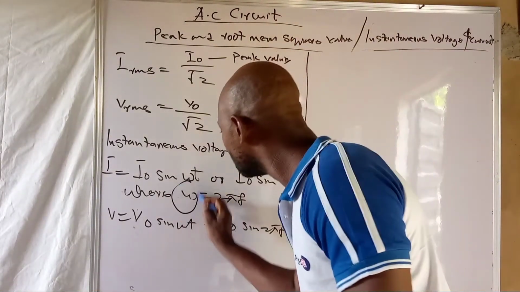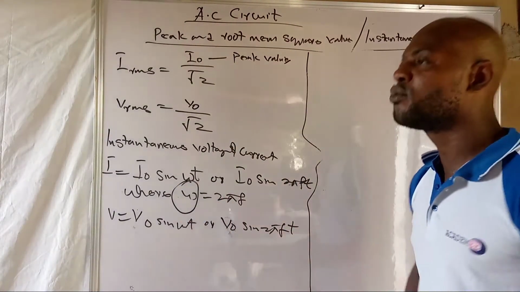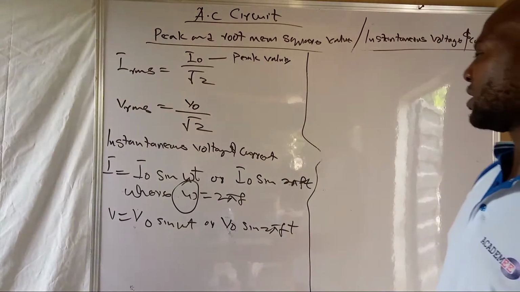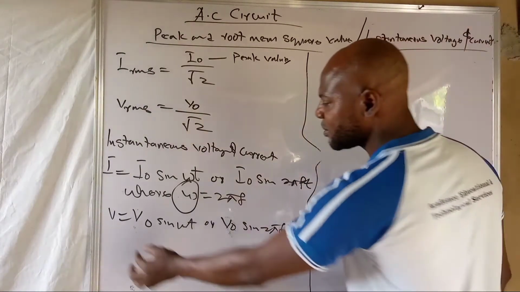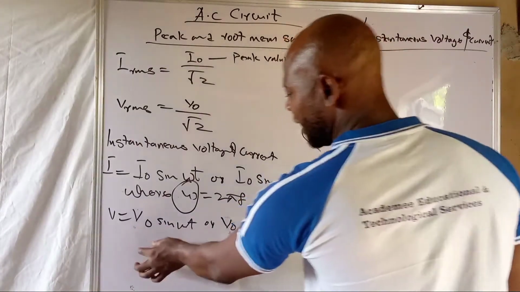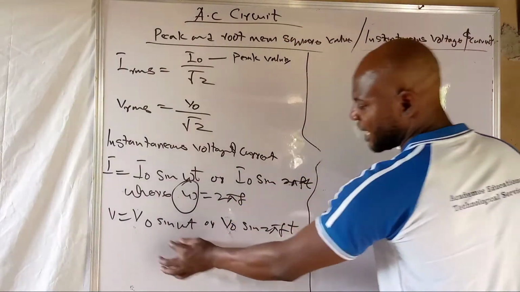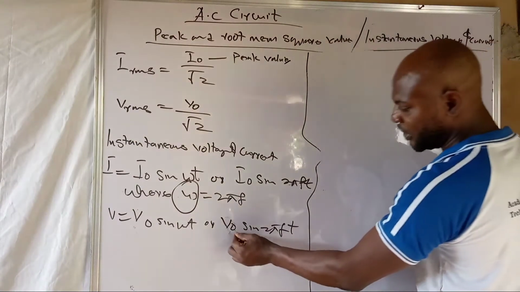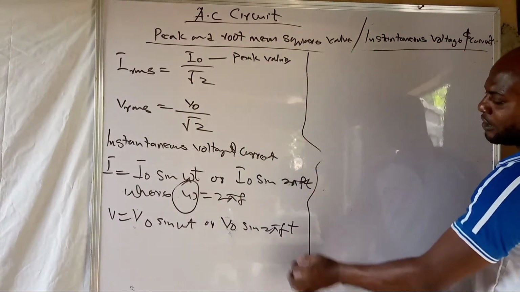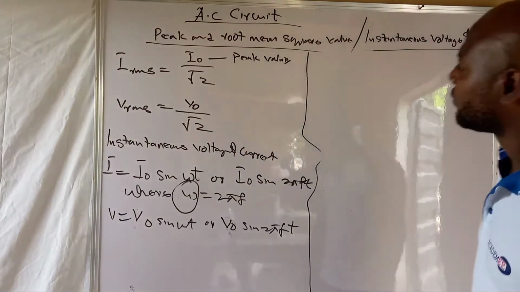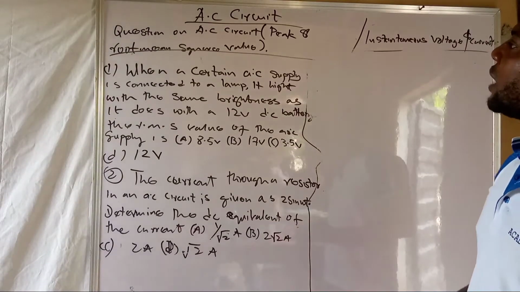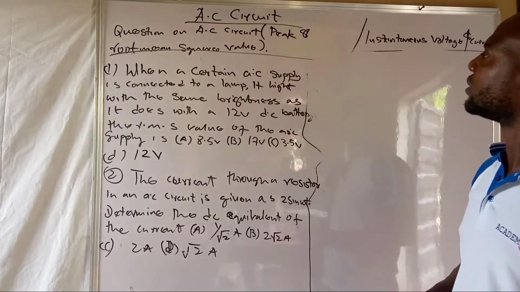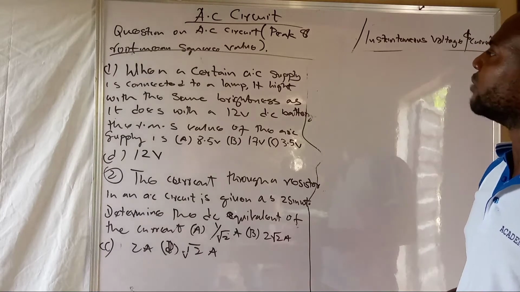This omega is called angular velocity. At the same time, V is given by V naught sine omega t, or V naught sine 2 pi f t.